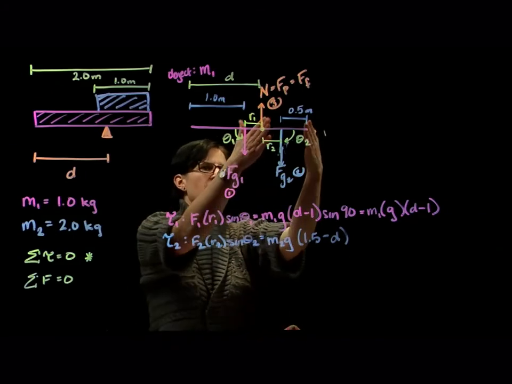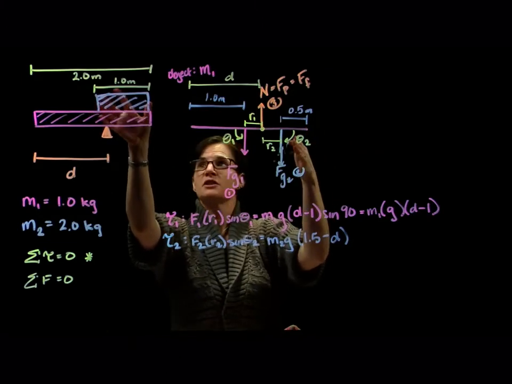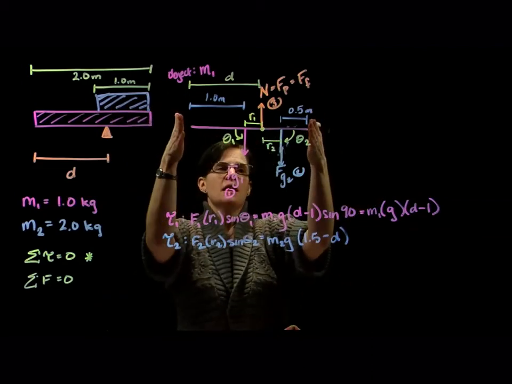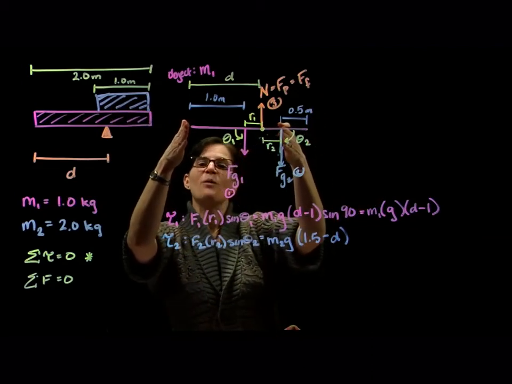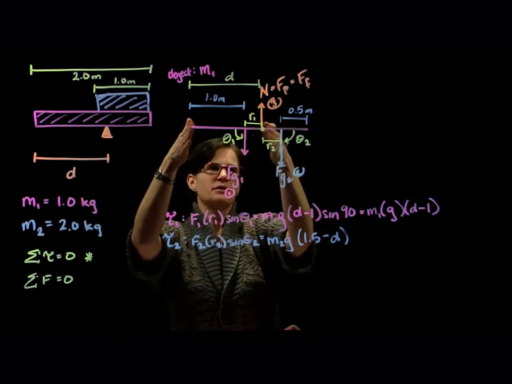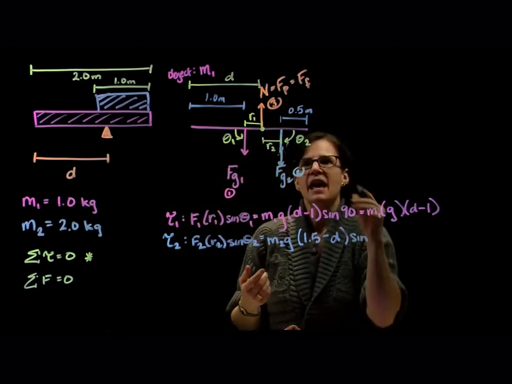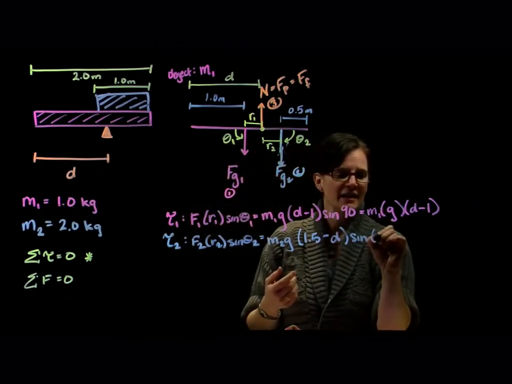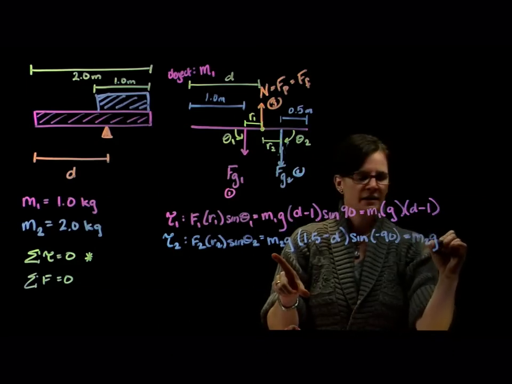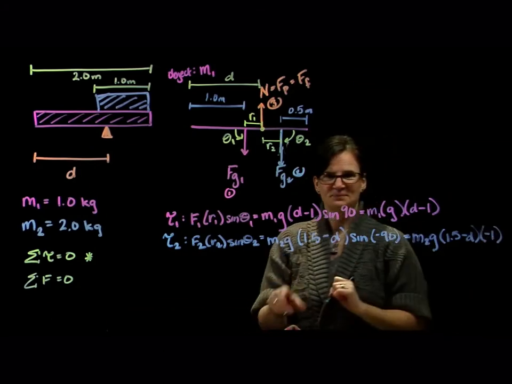I'm at a half because this is 1 meter, and I'm acting at the geometric center, so that's a half meter at the end, which makes this distance 1.5 meters, since I have a total of 2 meters. And if this is 1.5, the difference is 1.5 minus my distance d. Times the sine of the angle, now this is in the clockwise direction, so that is negative 90, and I end up with m2g times 1.5 minus d times negative 1.